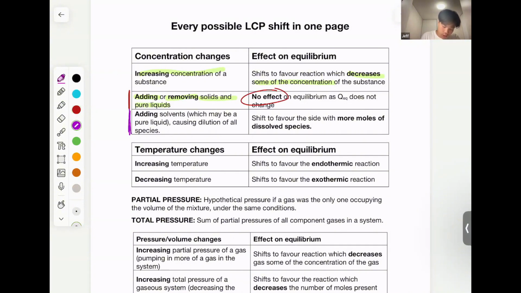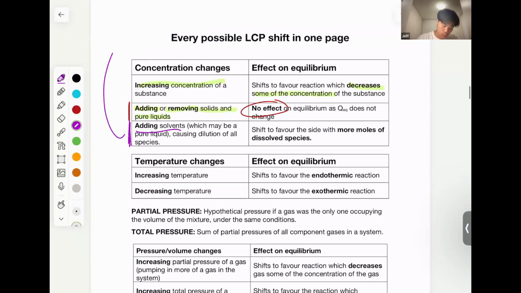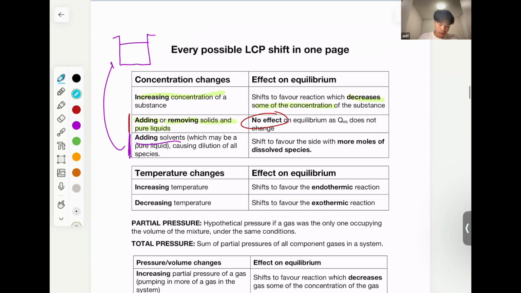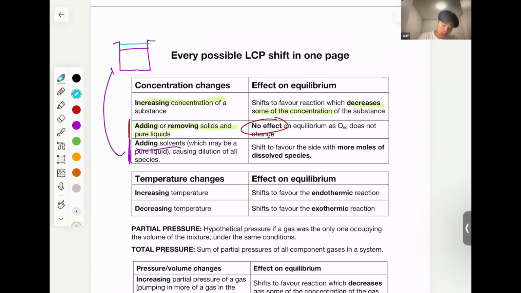Another tricky one is if you were to add a solvent to a solution. What I mean by this is imagine you had an equilibrium system within a beaker, which is water. If you now add more water into that beaker, you've now increased the volume of that solution.